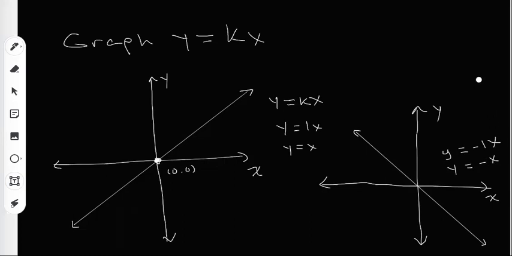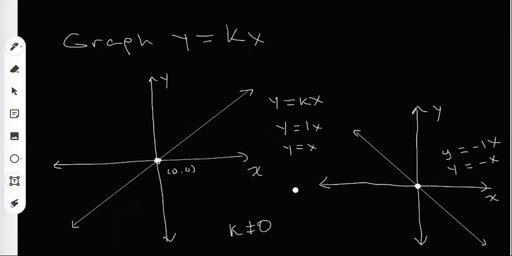So you can have positive slope, or you can have negative slope. It's just going to be a line passing through 0, 0. It's always going to be that way. And your slope can never be 0. So k can never be equal to 0 when you graph direct variation.